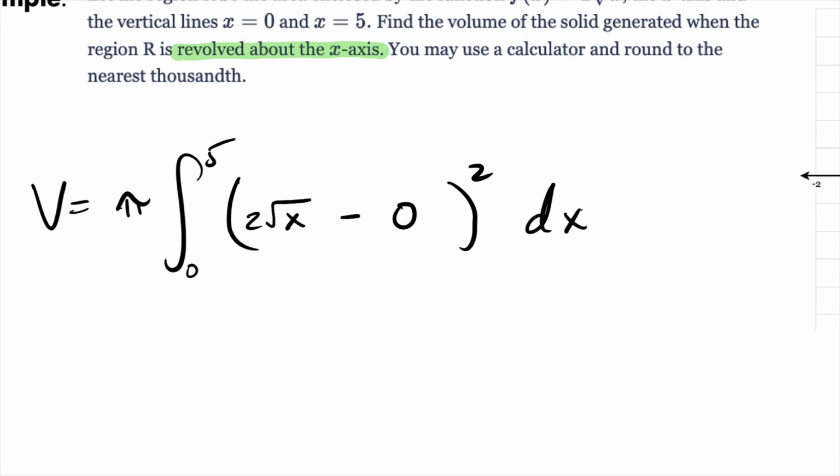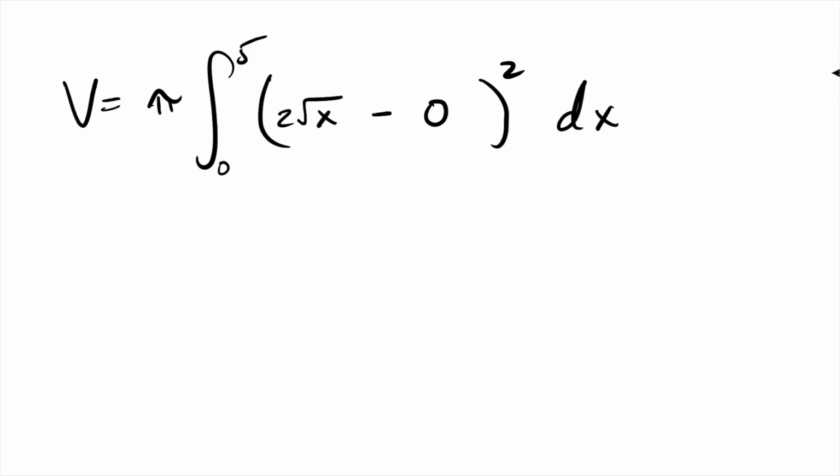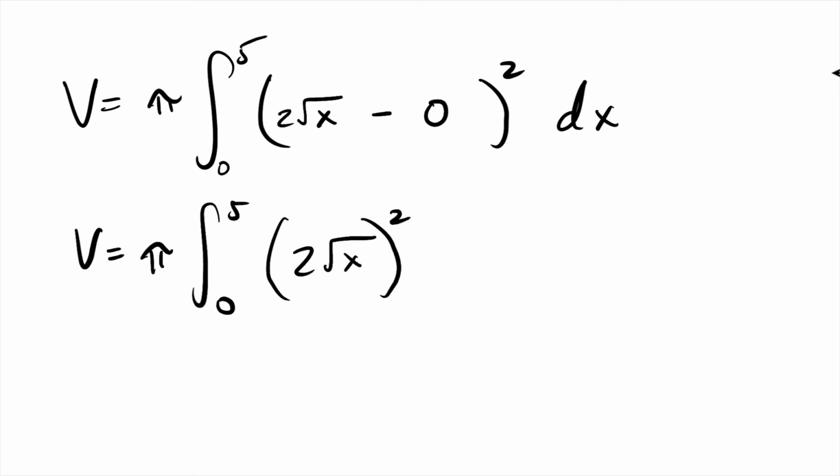Okay, so really, we don't need that 0. You can write it like this. This specific problem, not all problems, you can write like that. This is a calculator question, but really you don't need a calculator because you're just going to square it.